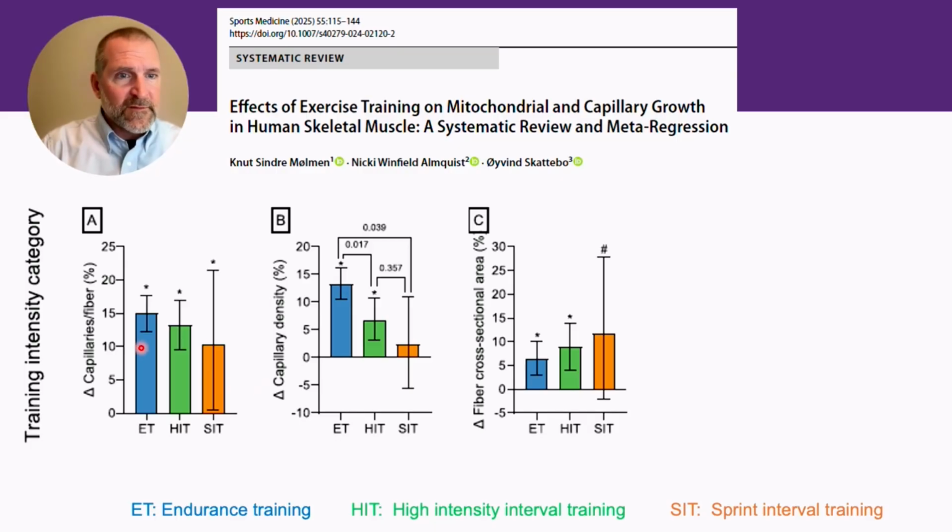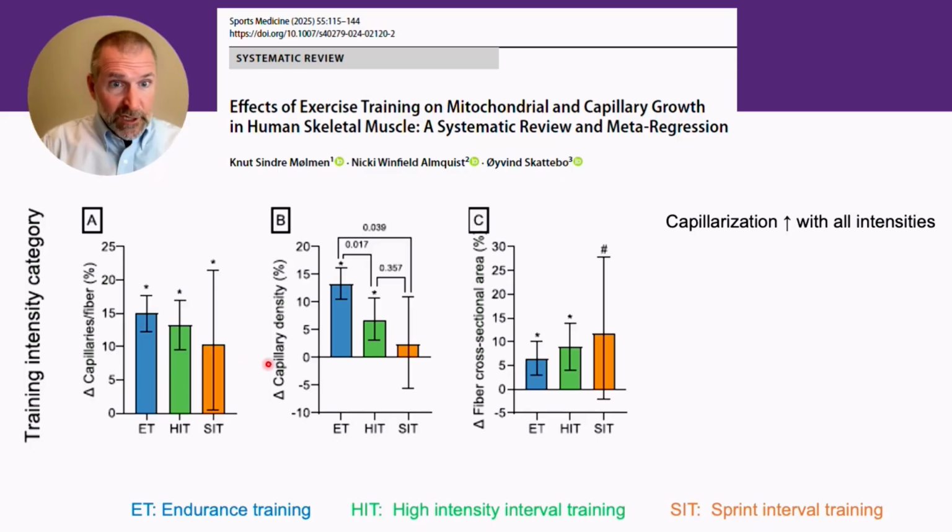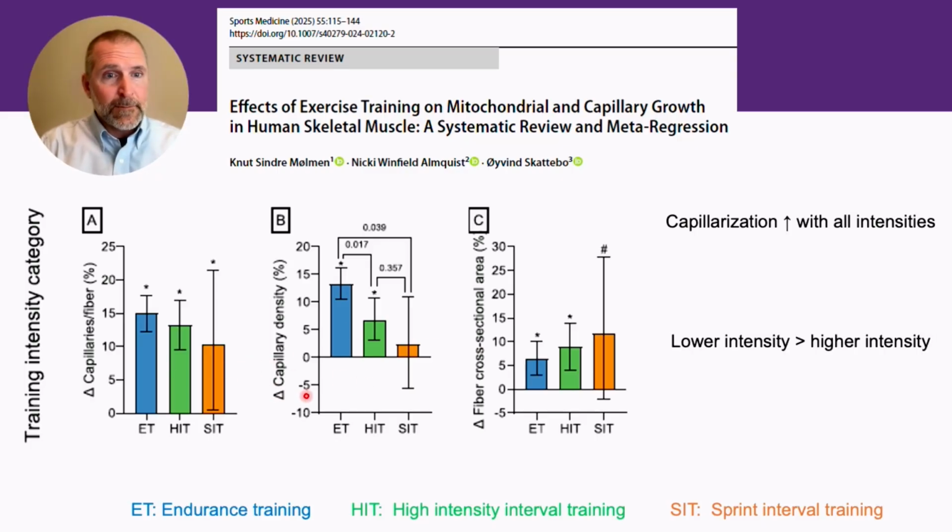So all intensities are associated with increases in capillaries, which is good. And surprisingly, low intensity exercise may actually be more advantageous for increasing capillary density compared to the higher exercise intensities, which might be related to the change in muscle fiber size.